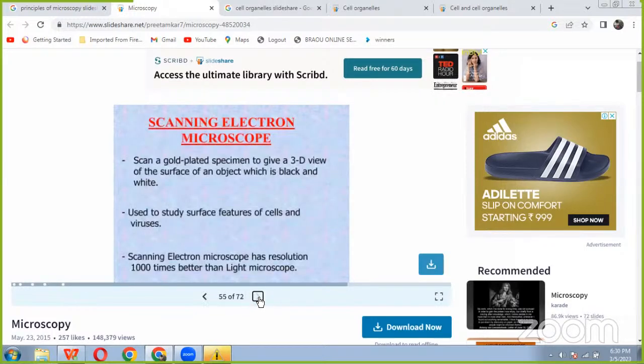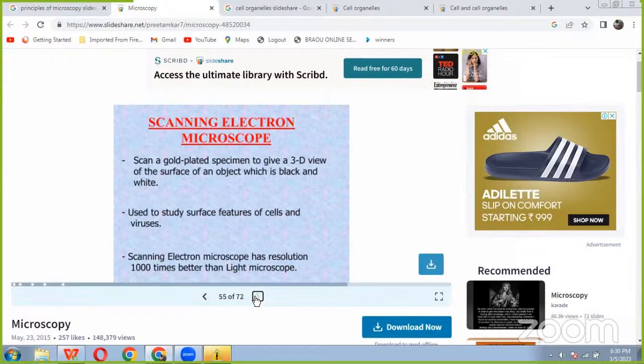Next one is the scanning electron microscope. A gold-plated specimen is scanned to give a 3D picture, whereas TEM gives a 2D picture. The scanning electron microscope, SEM, gives a 3D view of the surface of the object, in black and white.